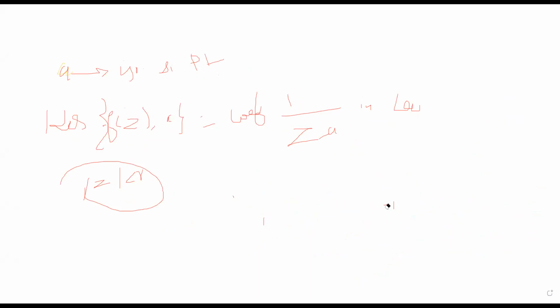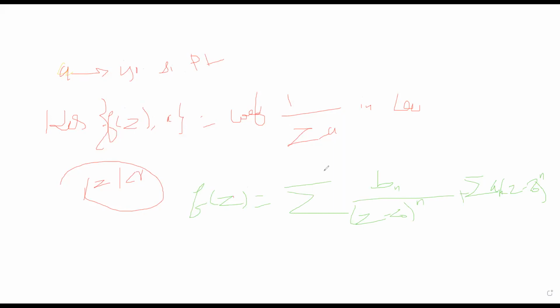Laurent series expansion: the analytic function f of z can be written as summation b n by z minus z naught the whole power n plus summation a n into z minus z naught the whole power n. So this is the Laurent series expansion.